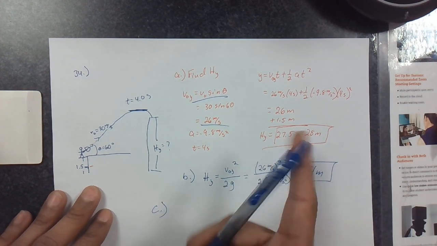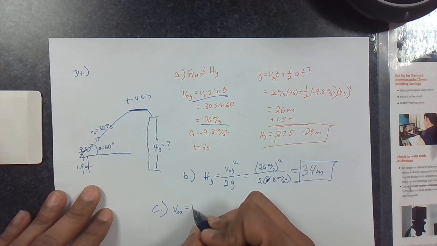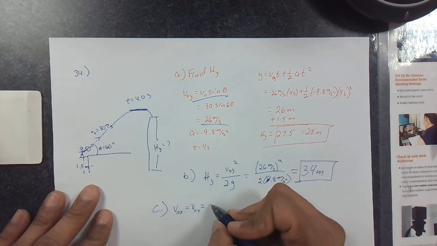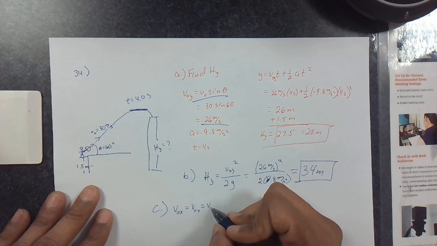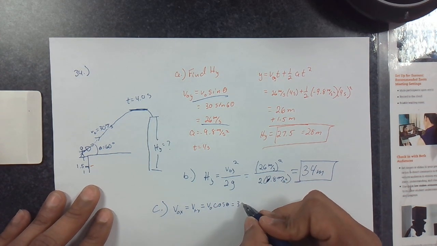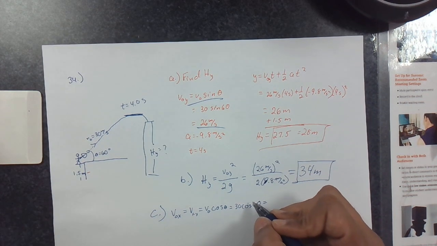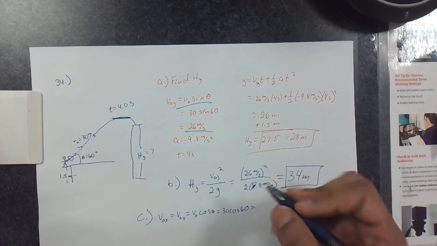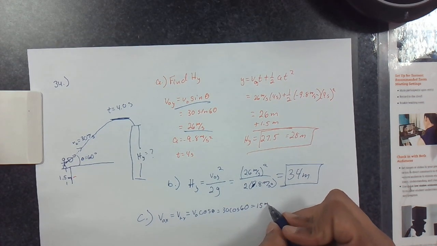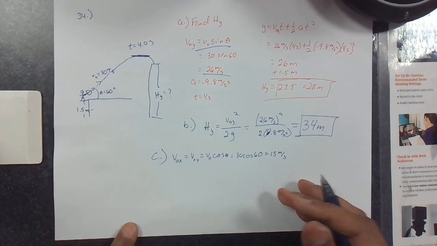So v naught x is equal to vfx, which is equal to v naught cosine theta, which is 30 cosine 60, which gives us a velocity of 15 meters per second in the x direction, both initial and final.